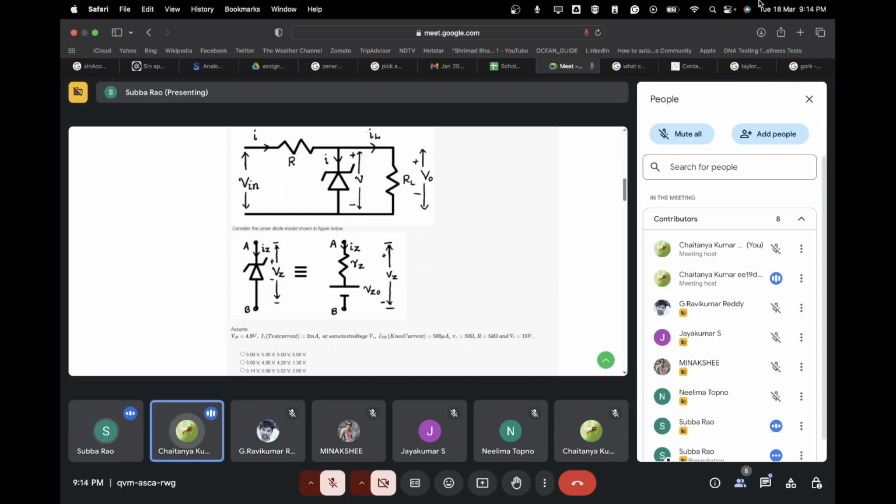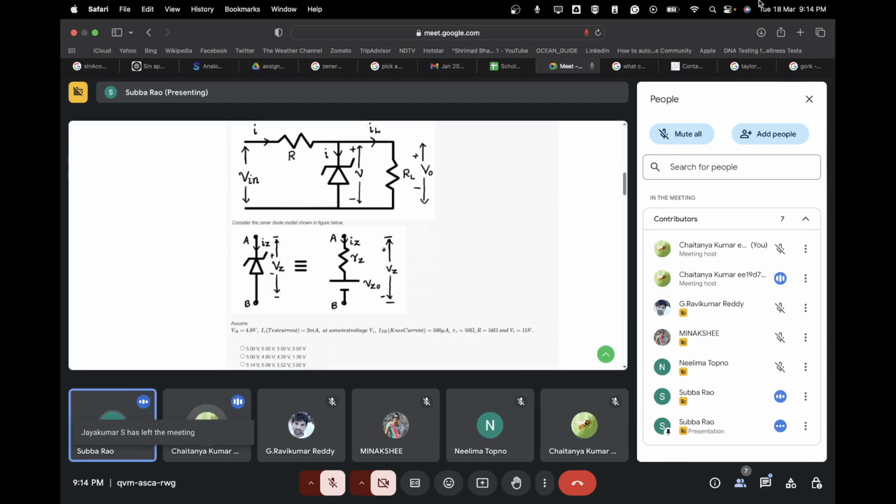Okay, VZ naught has been given as 4.9 volts. IZ has been given as 2 milliamps at test voltage VZ.